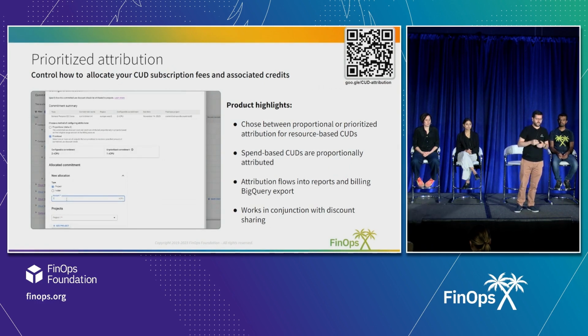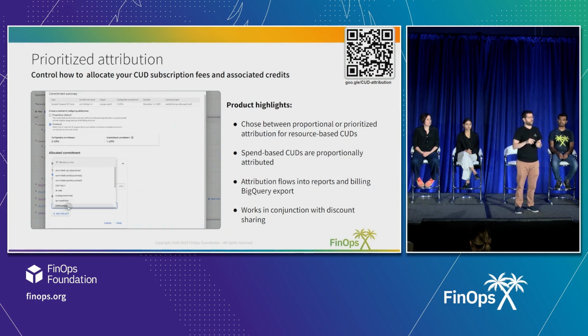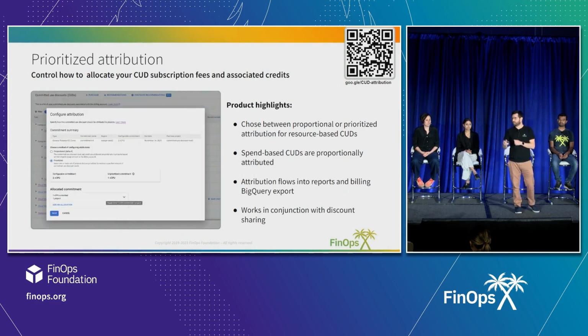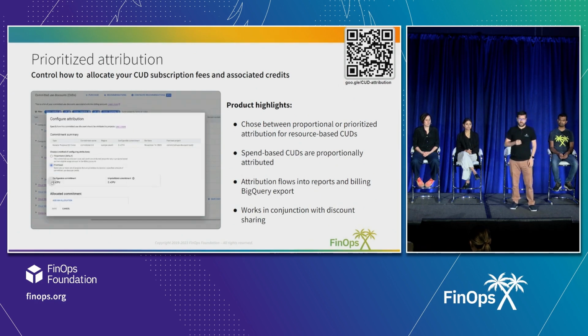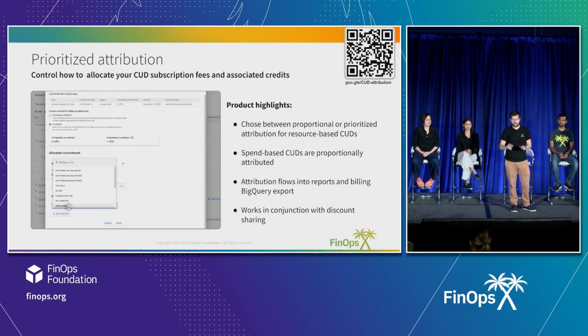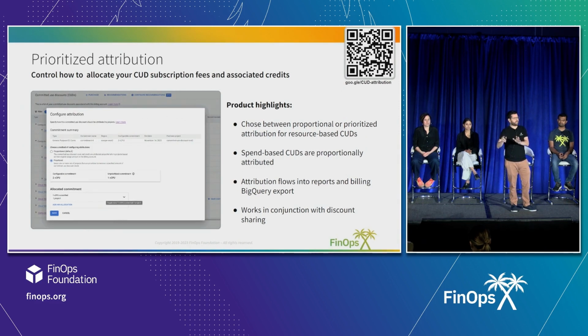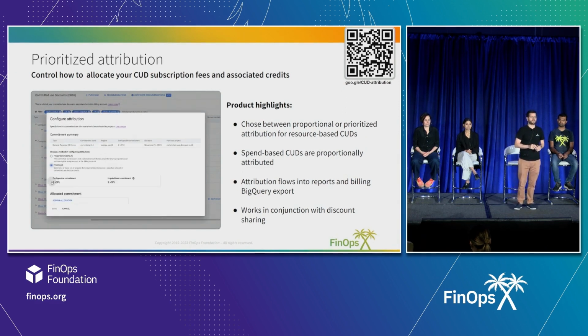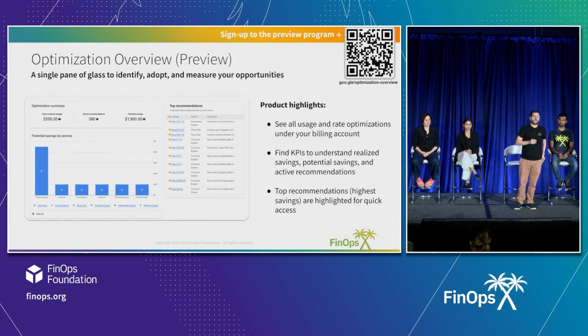We will offer the option to select what projects and what percentages you want to allocate both your fees and your credits. This works for resource-based CUDs, and this attribution will flow directly into your billing reports and your billing BigQuery export. So that attribution will be out of the box, ready for you, and you will see it in the right projects.